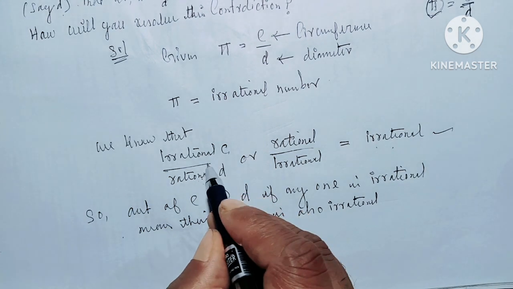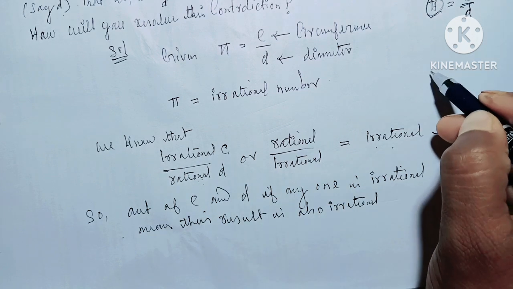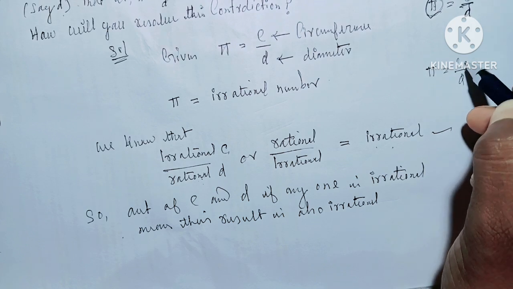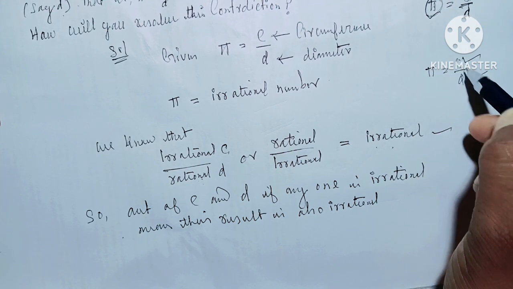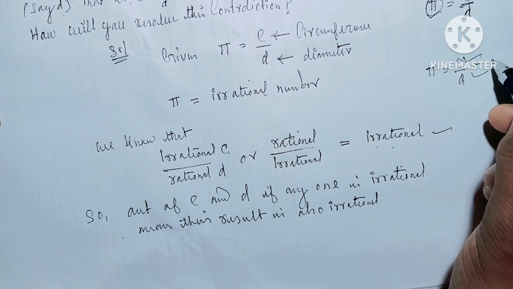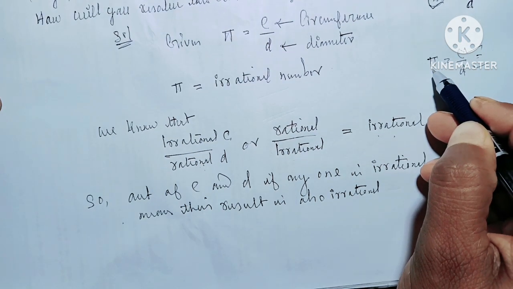It means that in pi equal to C by D, out of C and D, any one is irrational, so their result is irrational. Their result is irrational means this pi is irrational.